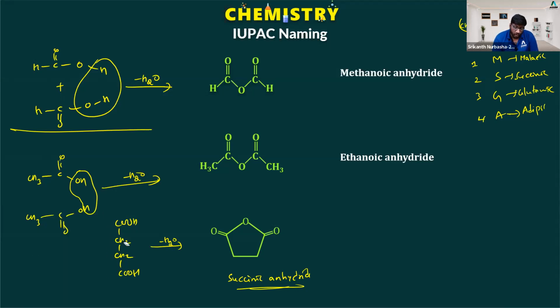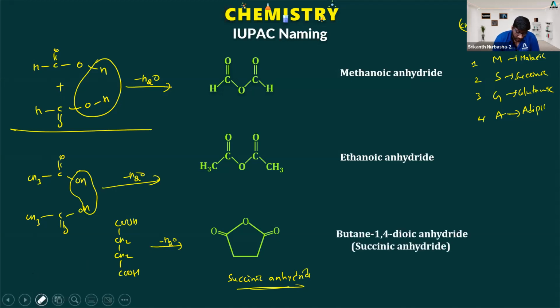Whenever you have multiple COOH groups, you should not include the carbon of the COOH in the numbering, and you have a special naming system. We will be discussing that. Here, if you give numbering 1, 2, 3, 4, we can say butane-1,4-dioic anhydride. That is also the respective name. Succinic anhydride or butane-1,4-dioic anhydride is going to be the correct IUPAC name for this particular compound.